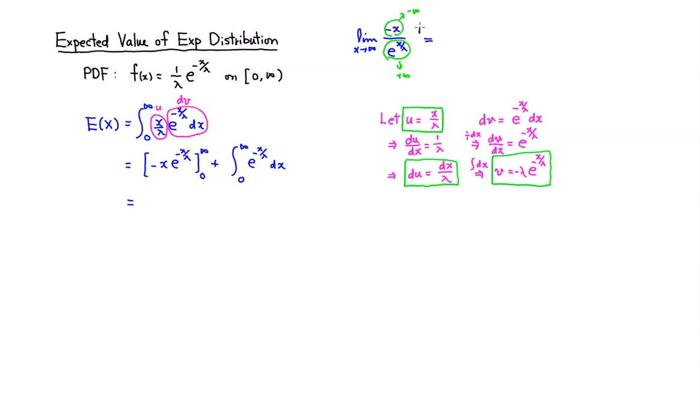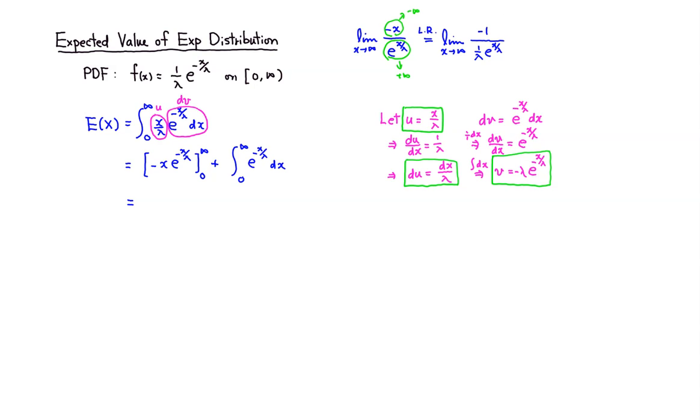Applying L'Hopital's rule, we have the limit as x approaches infinity. The derivative of negative x is negative 1. The derivative of the denominator is e to the x over lambda multiplied by 1 over lambda, just the chain rule.